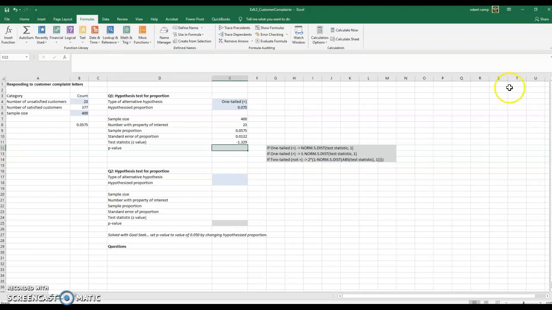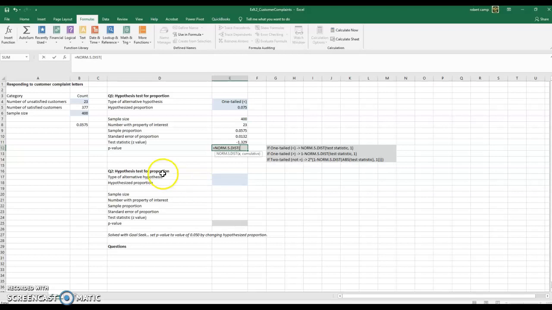Okay, and so now the last thing is we need to calculate what the p-value is. So the p-value we're going to get from the normal distribution. So equals NORM.S.DIST. Remember that S is for the standard curve, so the normalized curve.